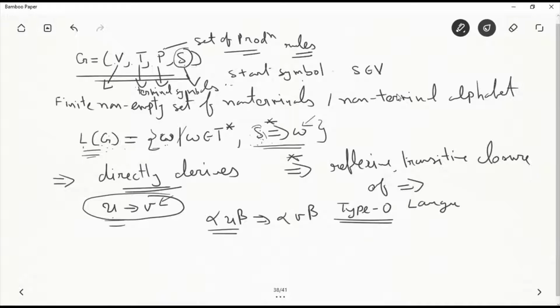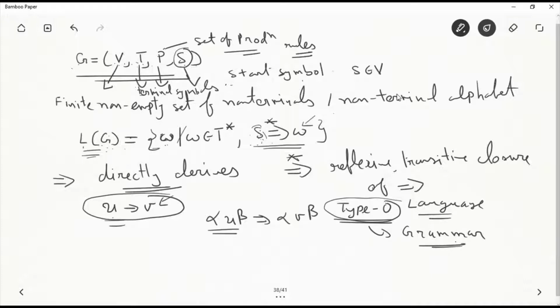Now, if we talk about type 0 language, then there must be a grammar corresponding to type 0, and you know grammar is represented by V, T, P, S. So this phrase structure grammar or type 0 grammar is a combination of this V, T, P, S four tuple representation, where V is the finite non-empty set of non-terminals.